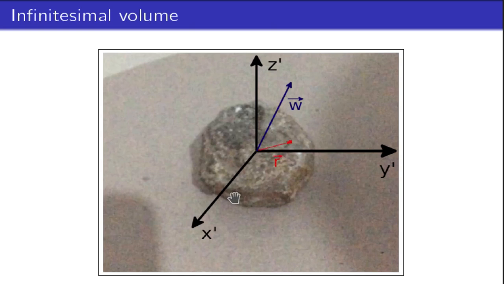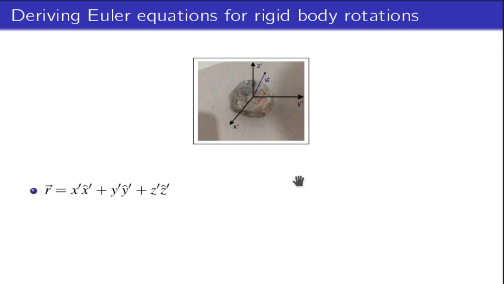The position of the infinitesimal volume can be represented by this r vector, and it can be written in this way, where x prime, y prime and z prime represent generic distances, and x prime hat, y prime hat and z prime hat represent directions along the axis of the reference frame. Similarly, the angular velocity omega can be written in this way.